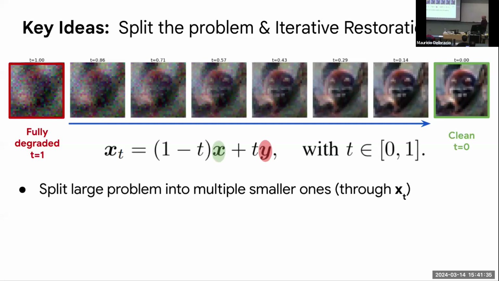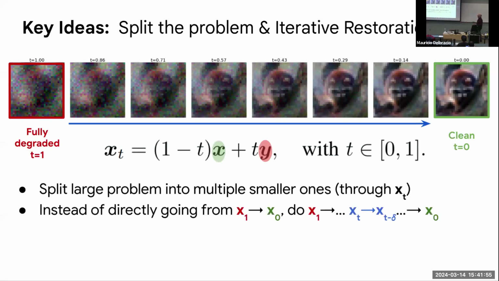We generate these intermediate degradations that are just convex combinations of the high-quality image and the low-quality input, with this parameter t that goes from 1, meaning fully degraded, to 0, which means clean image, right? So the goal is that instead of going directly from x1, the input, to x0 in one step, we're going to try to do this in multiple steps.